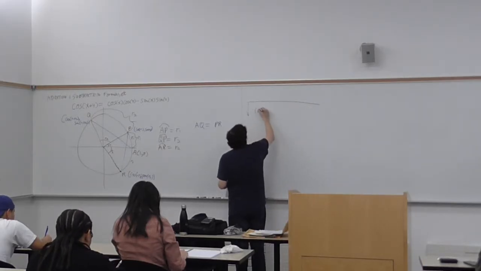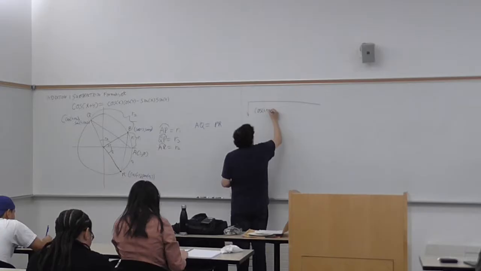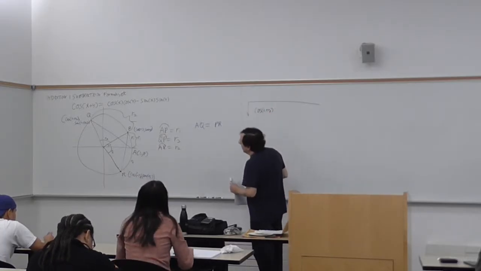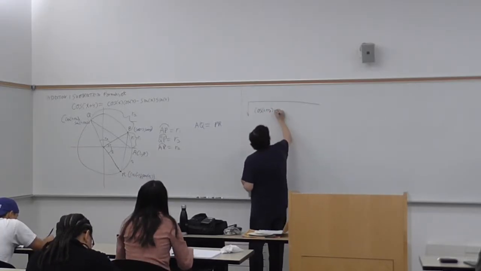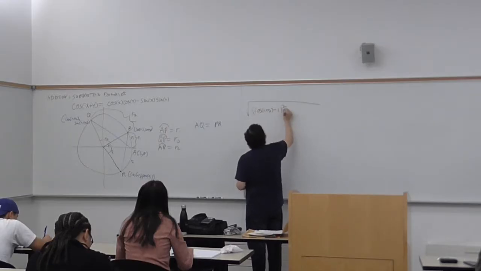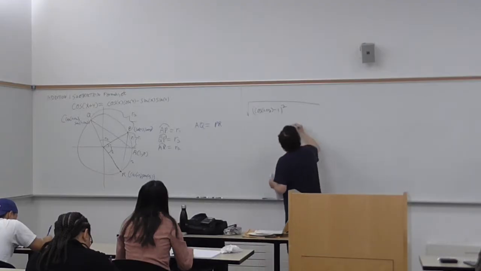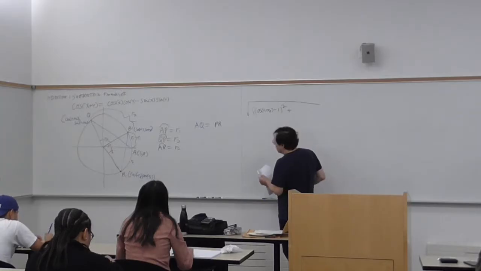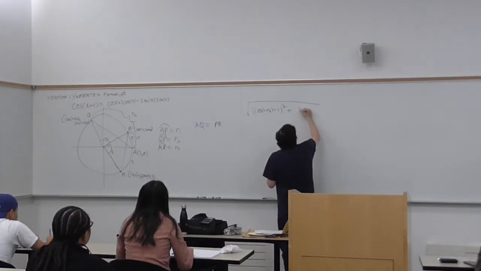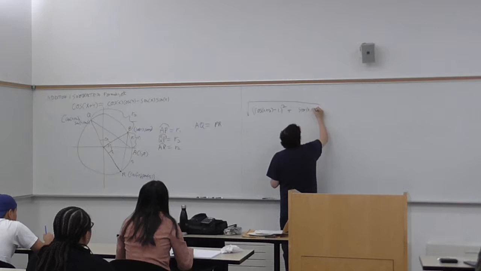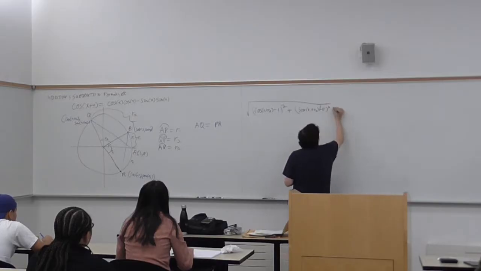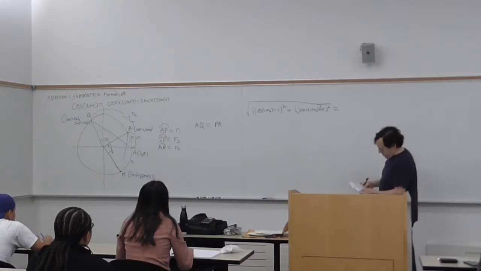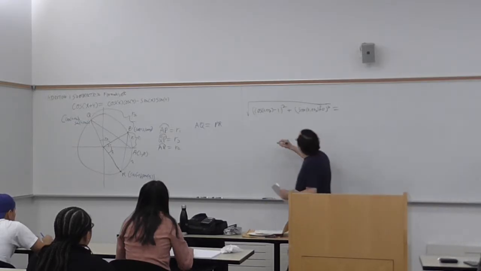So we get the cosine of r1 plus r2 minus 1, squared, that's the x-coordinate, plus sine of r1 plus r2 plus 0, plus 0 minus 0, squared. And that's AQ.